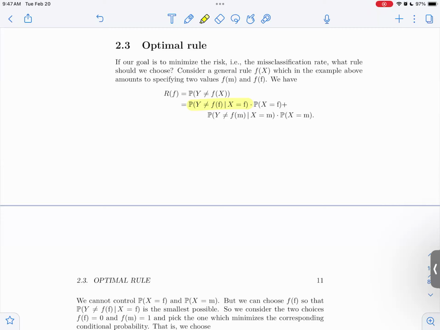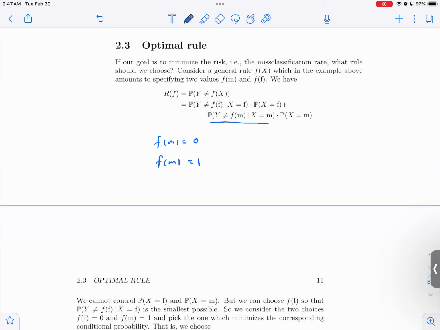You plug both in, and you get two probabilities, and you find the smaller one. The same goes for male: you choose f of male equal to 0 or 1, and this gives you two different probabilities, and you choose the decision based on which probability is smaller.